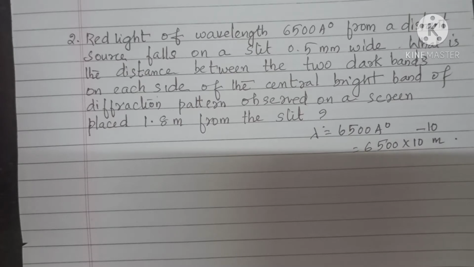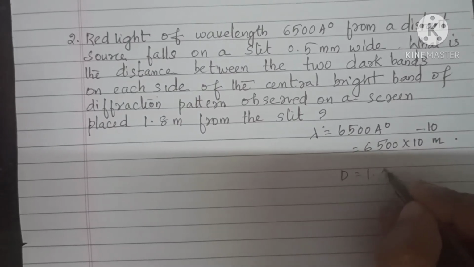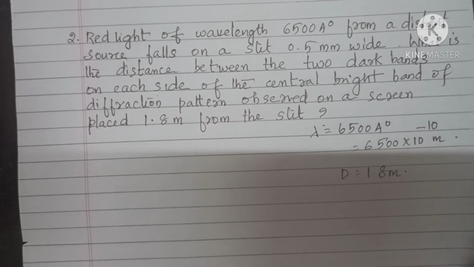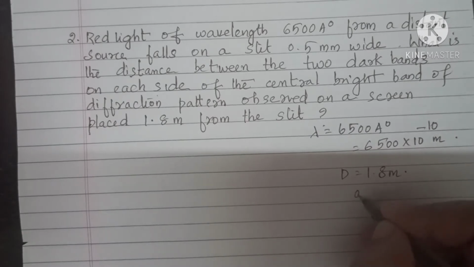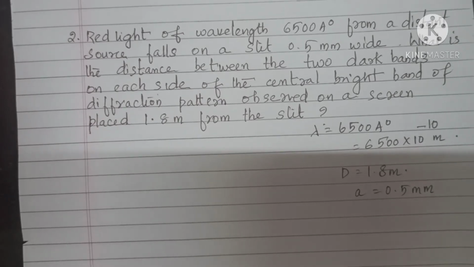That is capital D is given there, that is 1.8 meters, and also the width of the slit is given, that is A. The width of the slit A is equal to 0.5 millimeters. So these are the given details.